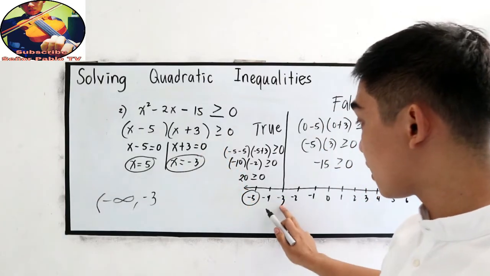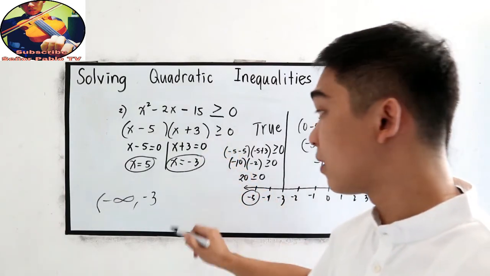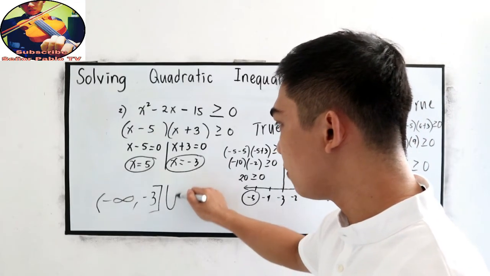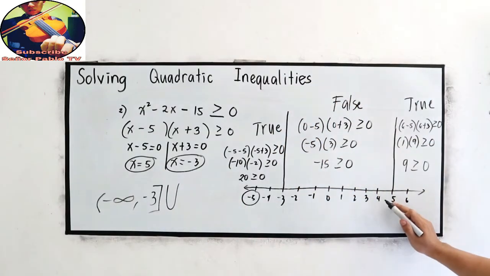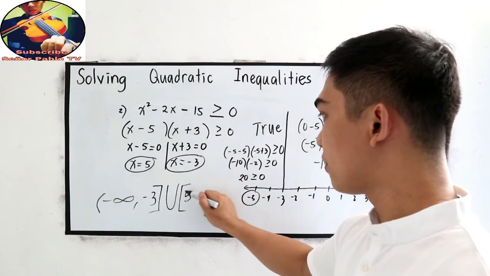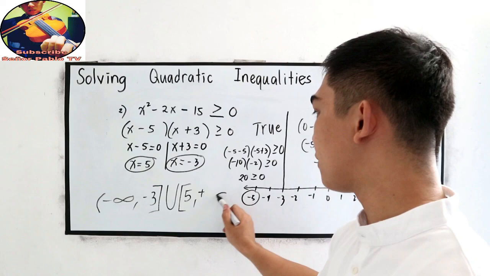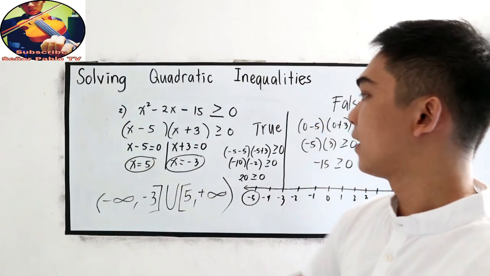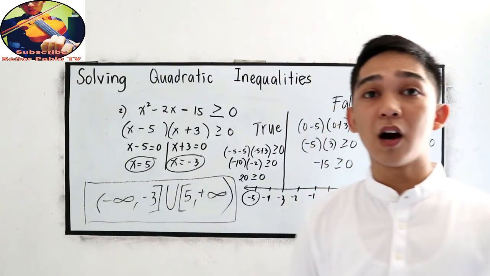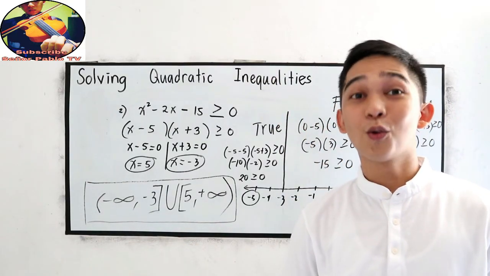So negative 3 is included because we have the equal sign. So we're going to close. Union 5. 5 is also included. 5 to positive infinity. This is now our final answer in our quadratic inequality.